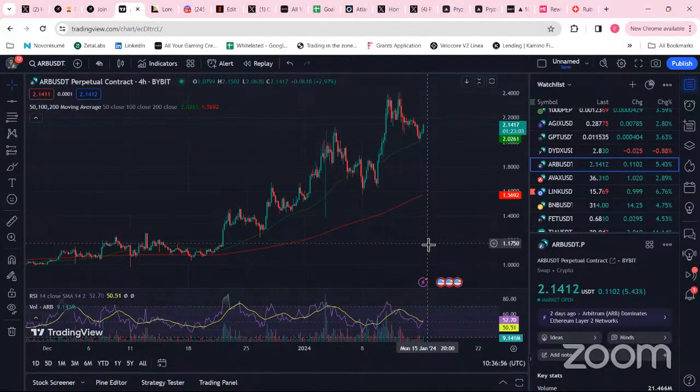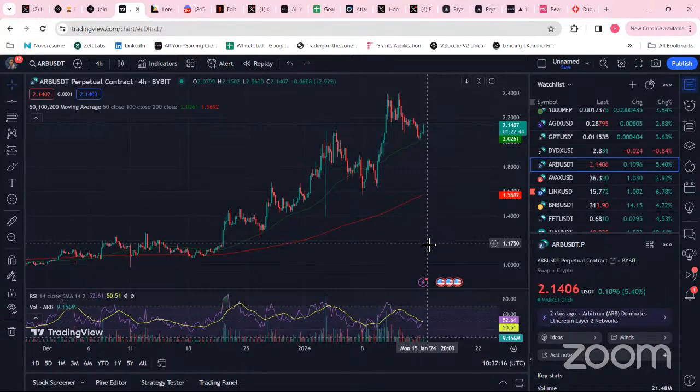If you had Arbitrum on spot, it's also not late to get Arbitrum on spot. So for the person that asked for at least five tokens to invest in, I mentioned TIA earlier, and then I mentioned Sei. That's two. And then the third one I would mention is Arbitrum.